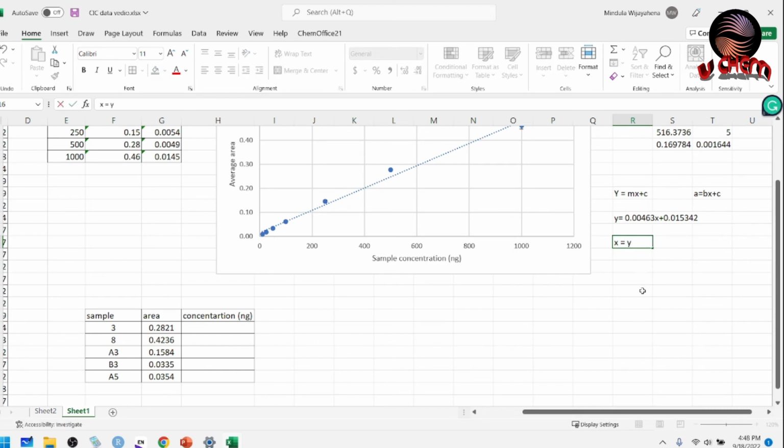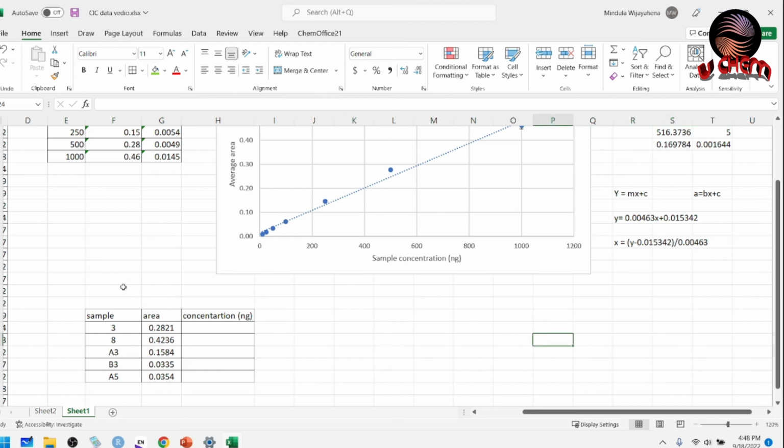So Y is going to be there, subtract 0.015342, and this part in this equation is over on the other side, right? Plus goes to minus, and now you have this value to divide. So this one divided by 0.00463. This is the way you are going to get X values.